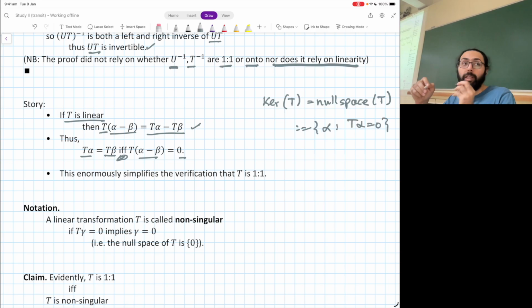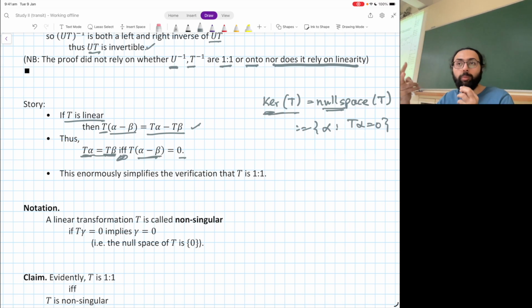So for an arbitrary map, when I use the word kernel or the phrase null space, they refer to the same object. Now what we're saying here is that to check whether two different pre-images map to the same image, it is basically enough to check whether the kernel is empty or not.